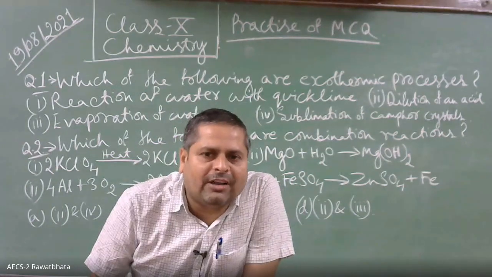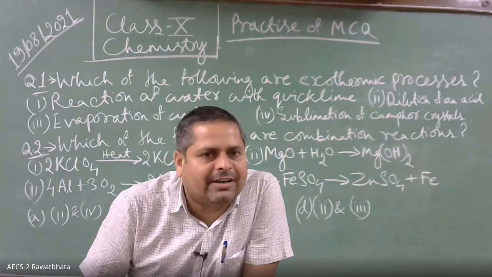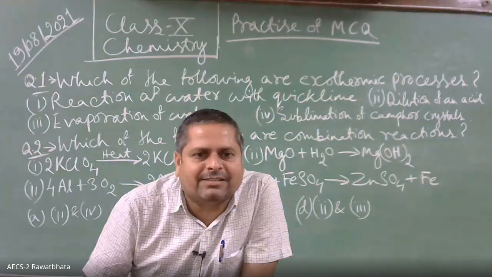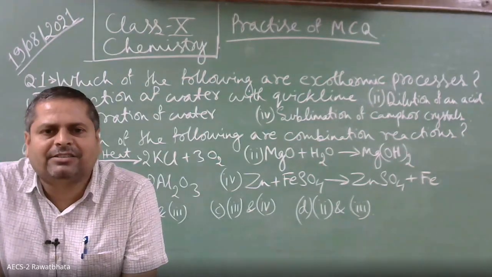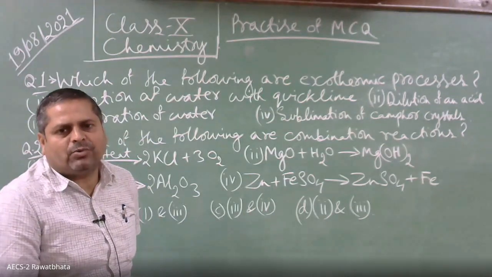There is more than one correct option. What do you think about dilution of an acid? What kind of reaction is dilution of an acid? Vandan is not ready to answer.